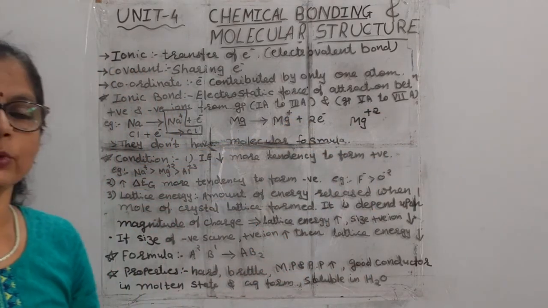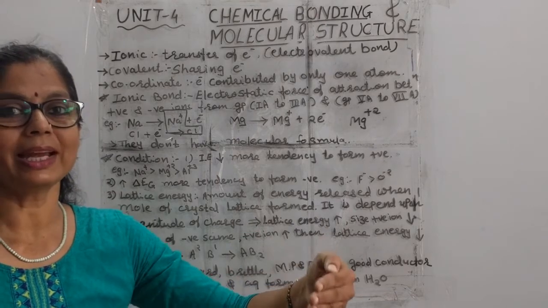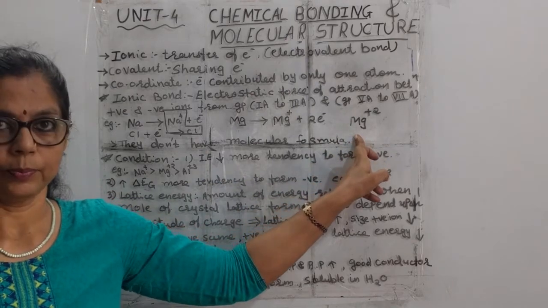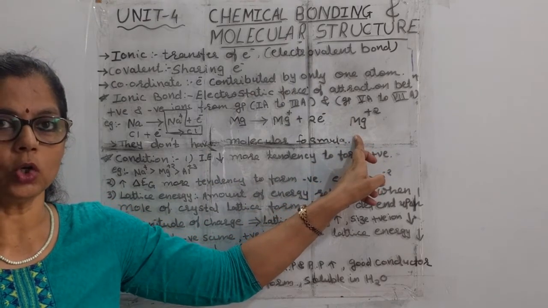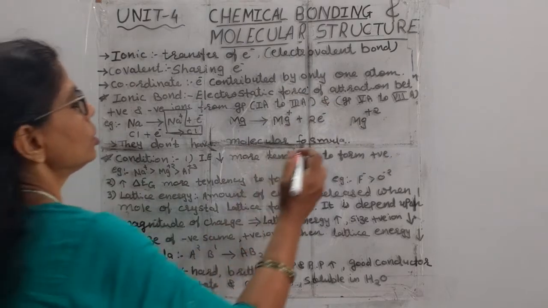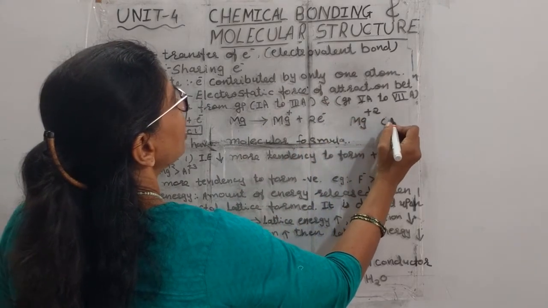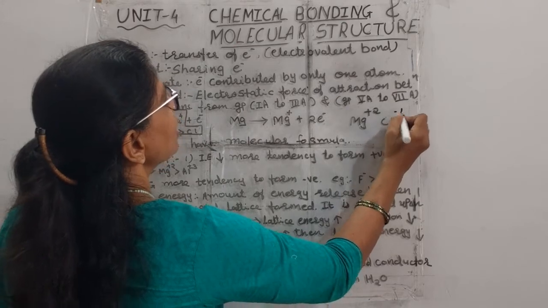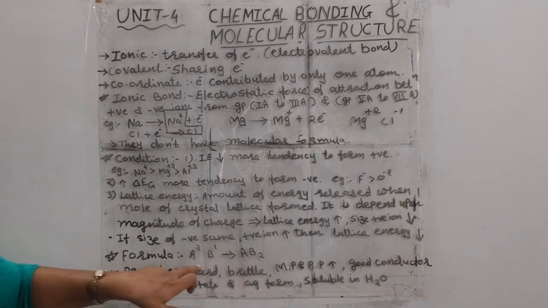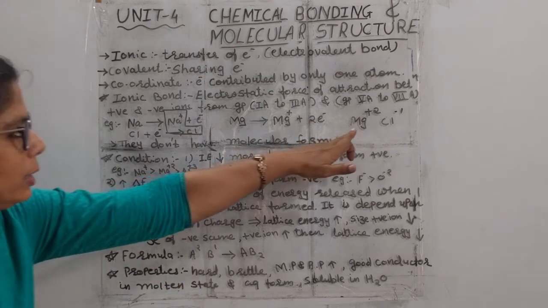Further, in writing the formula, cation is always on your left hand side and anion on the right hand side. Here the anion is chlorine and chlorine has the -1 charge.